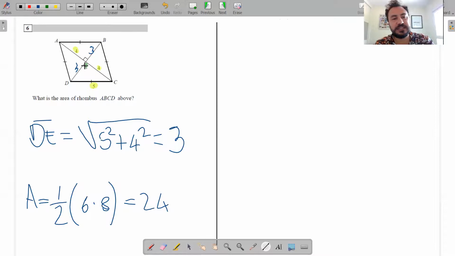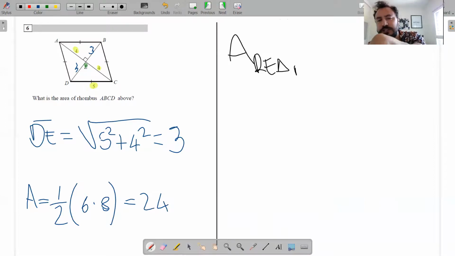Since this one is a right triangle, since these sides are the same, the area DEC is going to be equal to the area AED, that is going to be equal to the area BEC. So what we need to find is the area of one of these triangles.